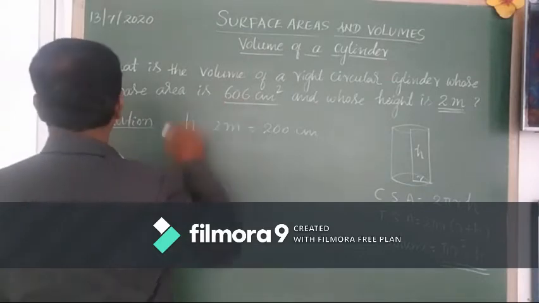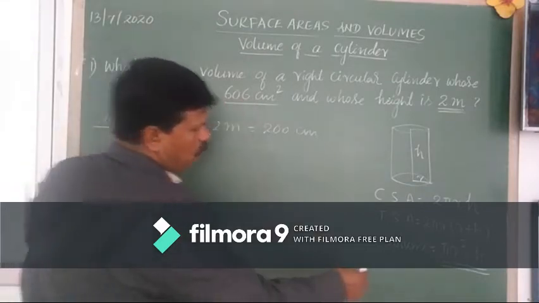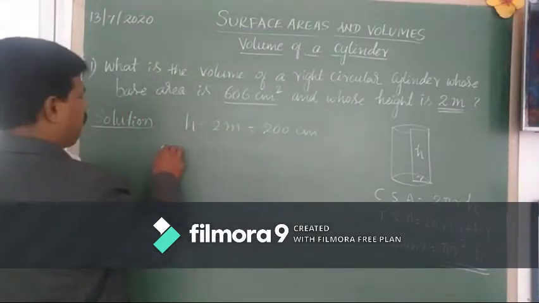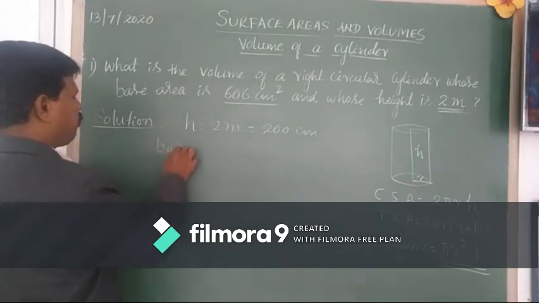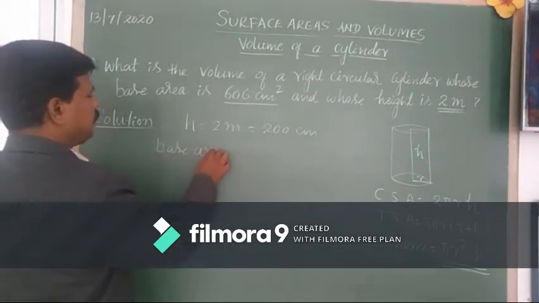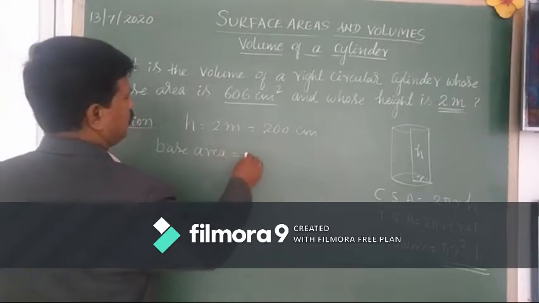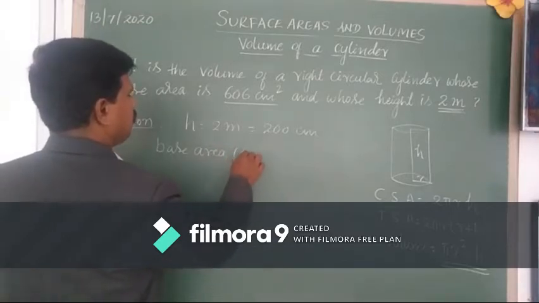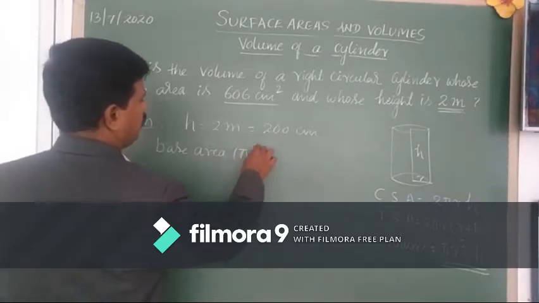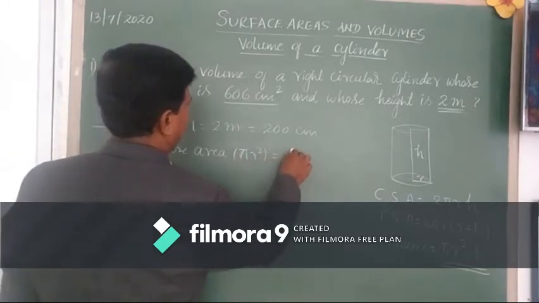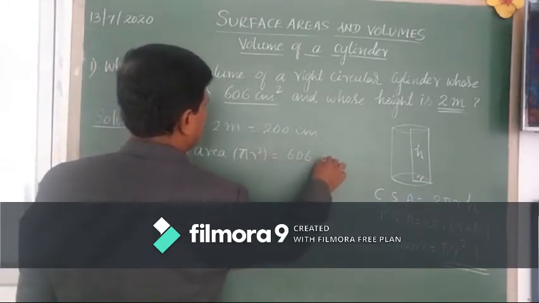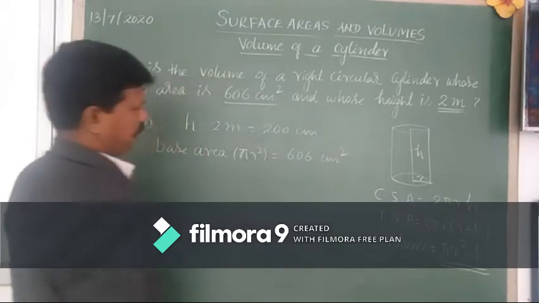Now look at this base area. The whole thing, pi r square itself, the base area, is given as 606 square centimeter.